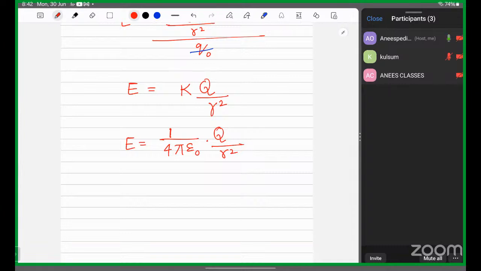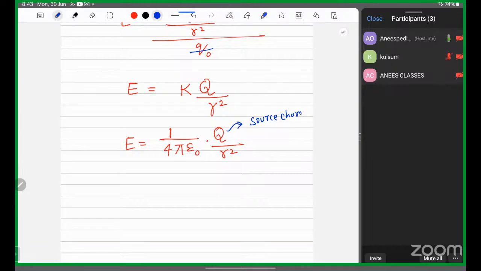Given to us means the magnitude of charge is not going to change again and again. It will be a constant value. So everything is constant in the formula except R. R is the distance from the source charge. And remember, Q is the source charge.